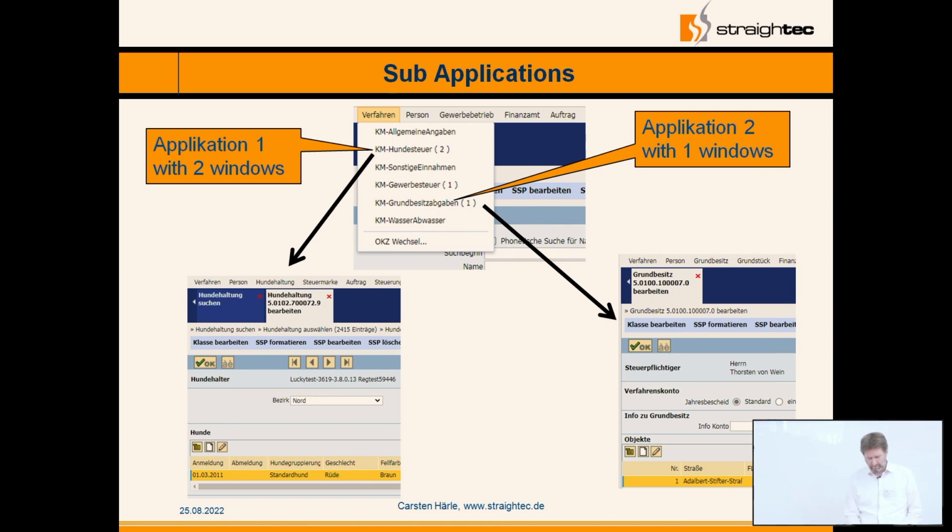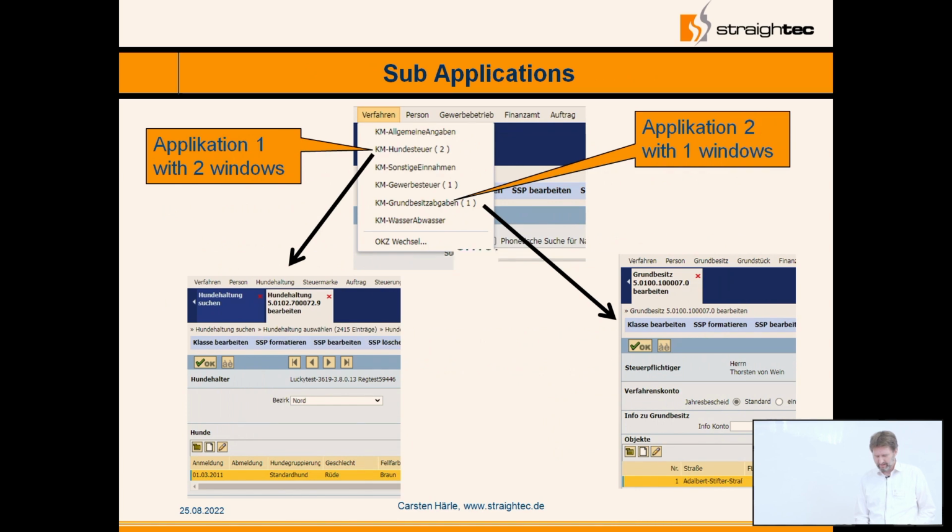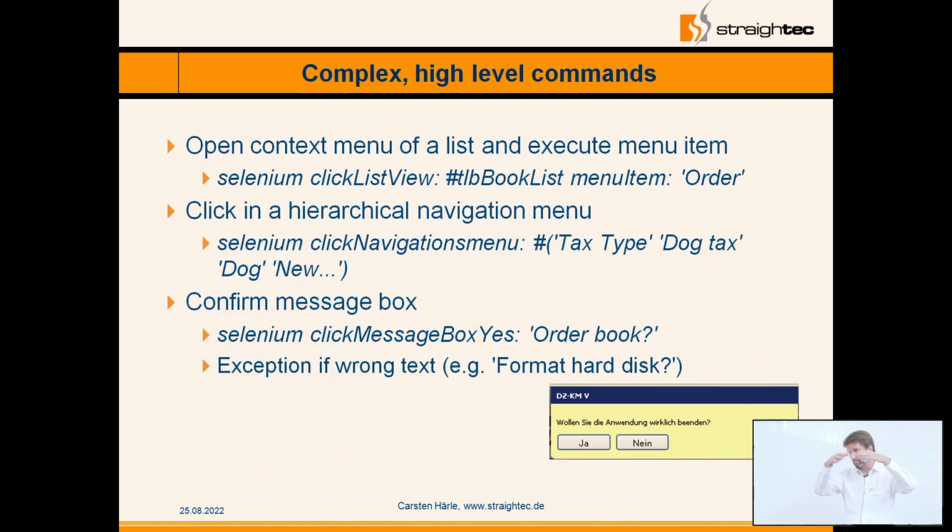So we have some sub-applications, but that's not really that interesting. The next thing is a menu, just a normal menu as in a fat client application, and they are nested. That's not that easy, because if you move the mouse over the menu, then it gets displayed, and you have to be very careful how to navigate to the correct submenu.